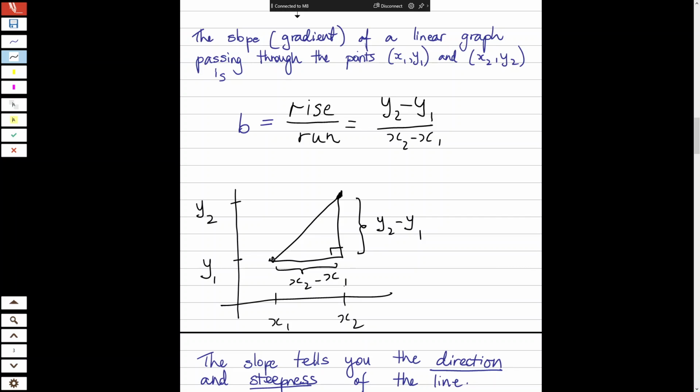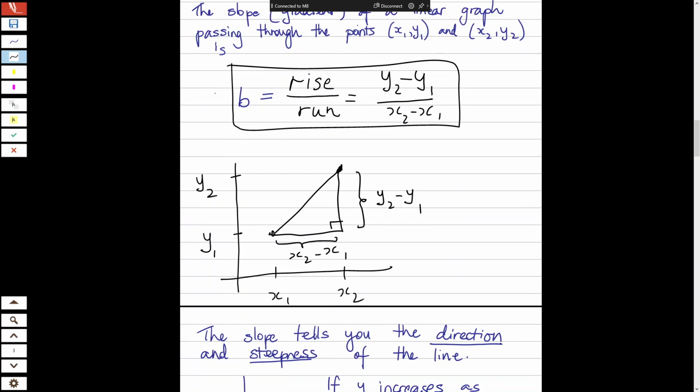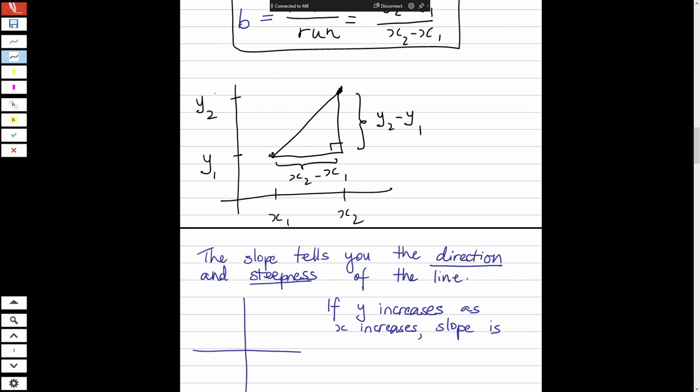If I divide the two together, I get the gradient. You do need this formula. Yes, it is rise over run. All right, let's do a couple of examples.